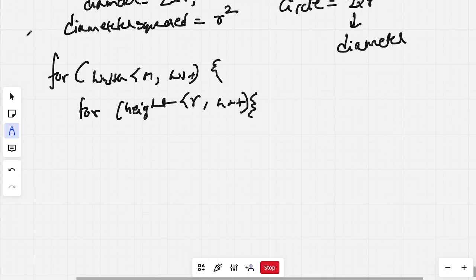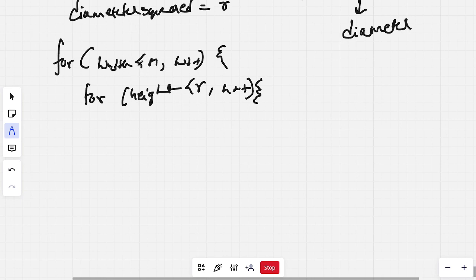Once these two loops are complete, what I can next think of is giving an if condition whether this falls under the lower bounds and the higher bounds of the diameter square.